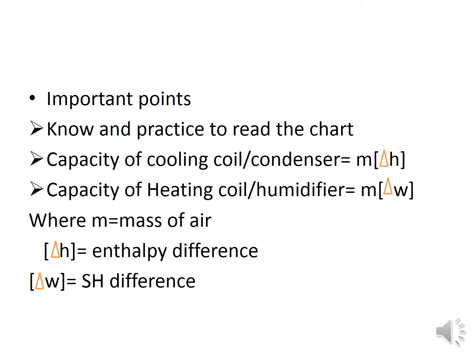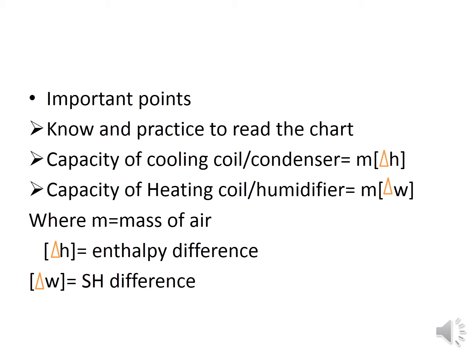You should know and practice to read the chart. You should have that judgment first of all. There are two important formulas which we are using here. First is the capacity of cooling coil; it may also be asked as the capacity of condenser. It is the mass of air into the enthalpy difference.